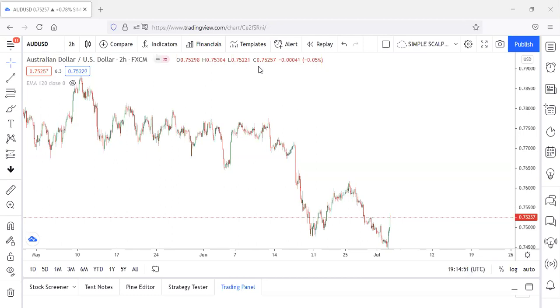Feel free to type in market structure part one or part two. I advise you to start from part one, so that you can learn from the beginning. Today is part three of market structure.